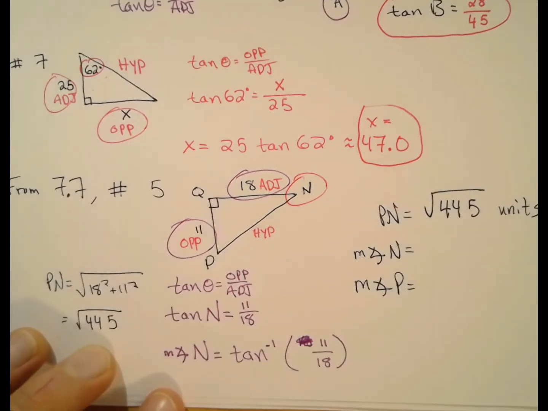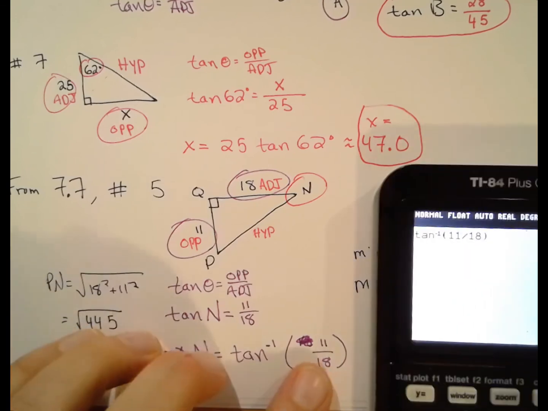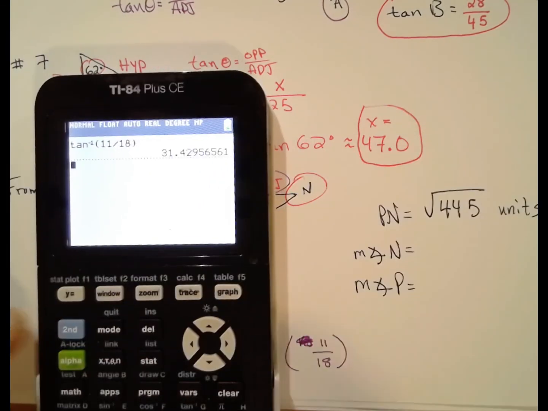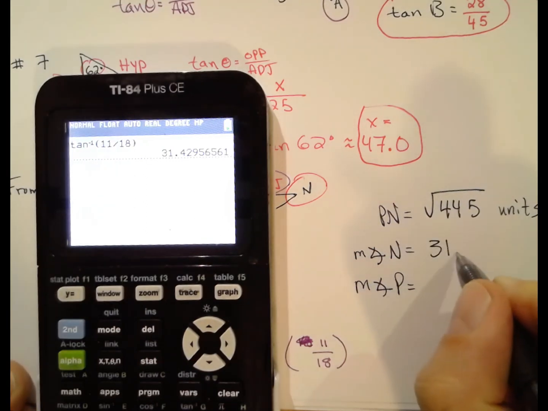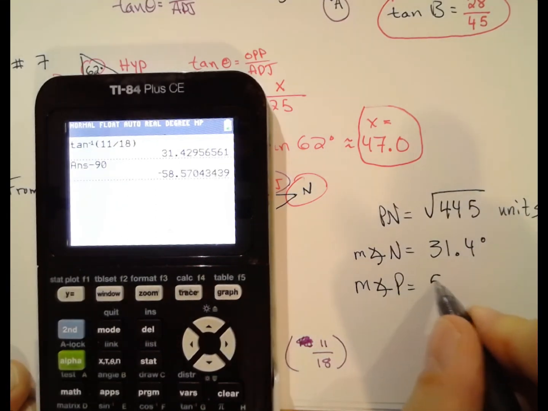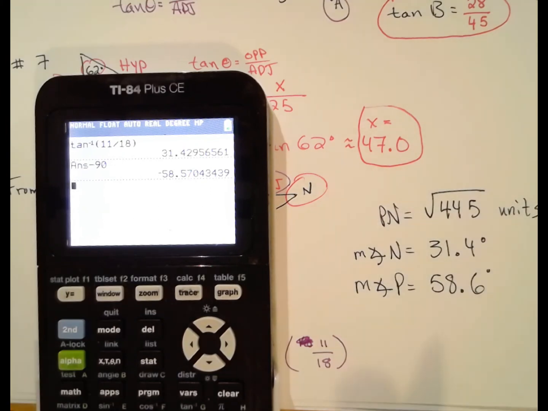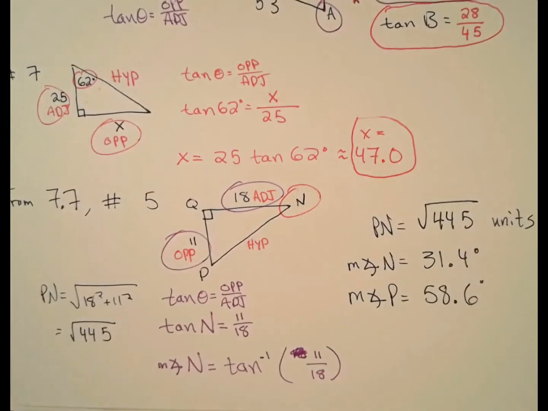And then we use our calculator. Second tangent is inverse tangent, 11 divided by 18 in the super important parentheses. Okay, and that's 31.4 degrees. And the other angle has to be the complement of that, so you can just use the triangle sum theorem to get the missing angle.